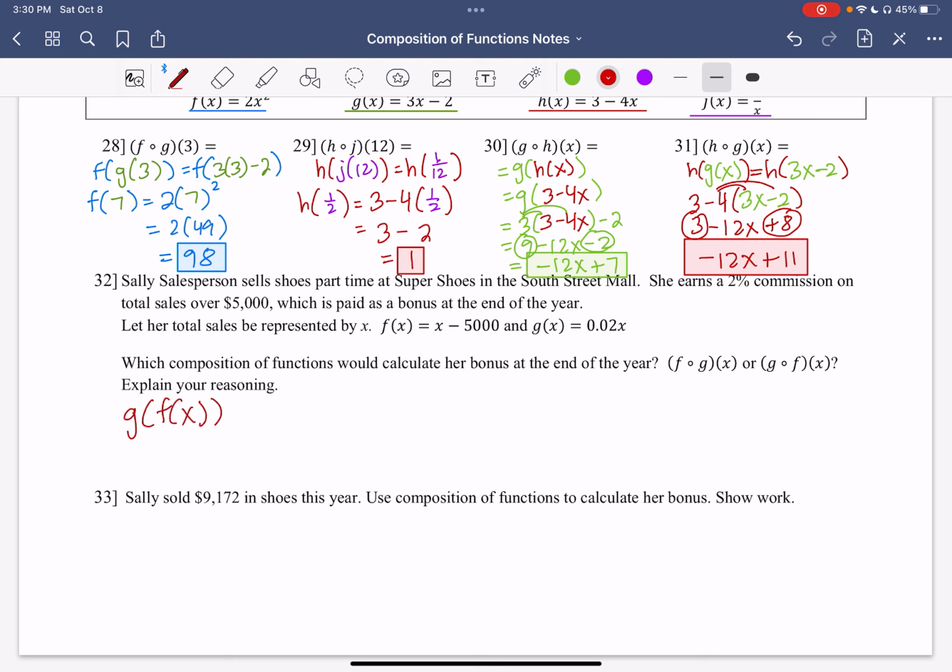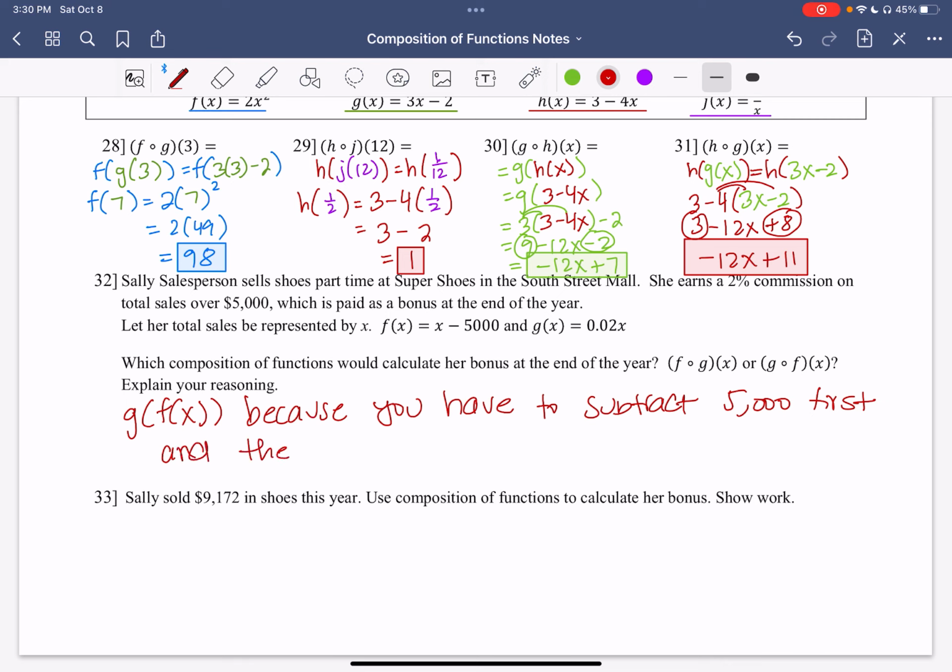Okay, because first you have to subtract the $5,000 first. And then you're going to add the percentage. And we just converted the 2% to 0.02 because you cannot have percents in an equation.